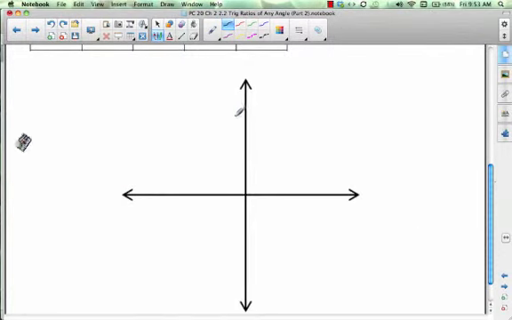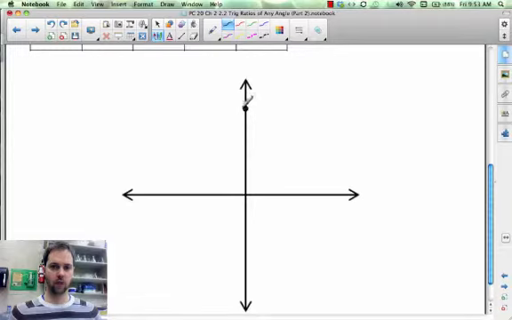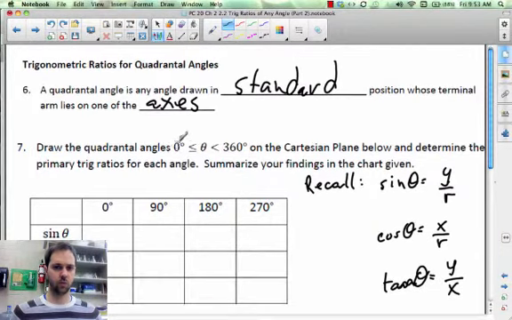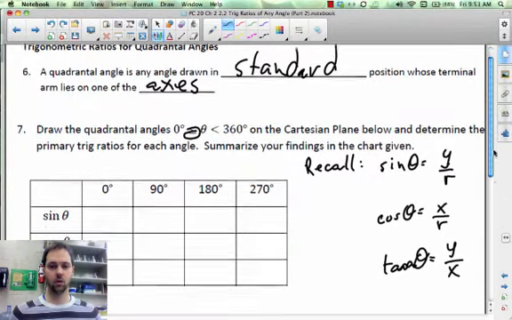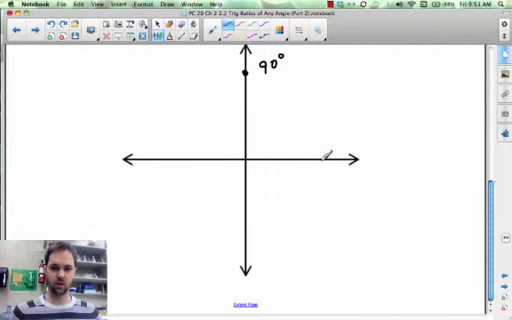So quadrantal angles, we'll have one here, and this of course is 90 degrees. Let's see, 0 degrees, so since it says less than or equal to, then we include 0 degrees, so we have to do 0 as well.